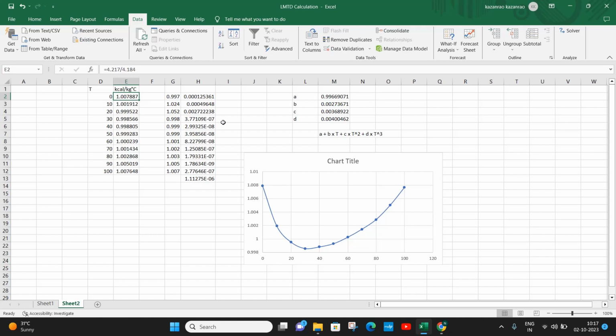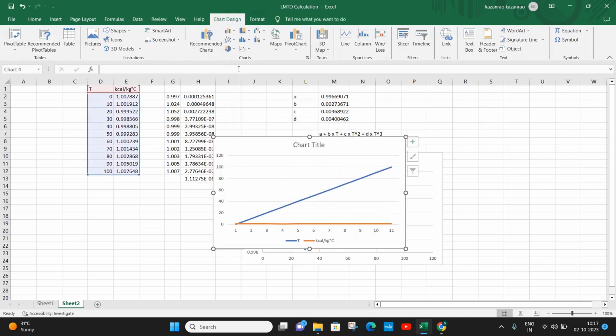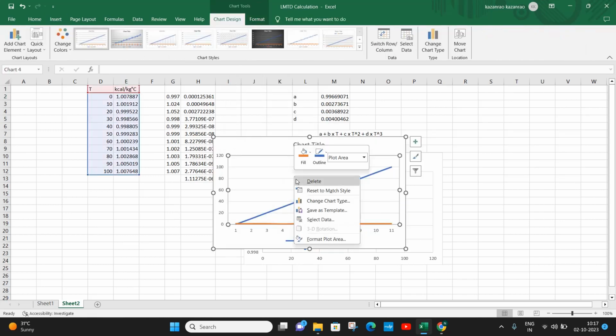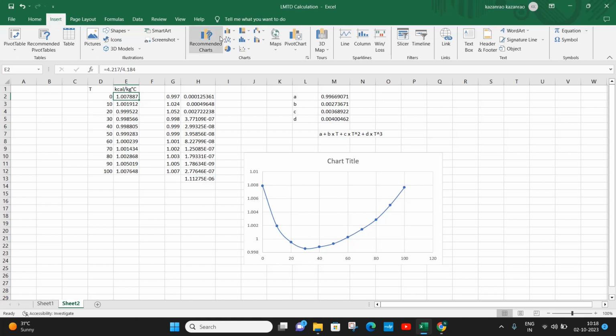Now what we have to do is try and fit it in a polynomial equation. The first thing that we did is to put the table into a chart. You can do it by going to the Insert command. Let's directly click Insert.